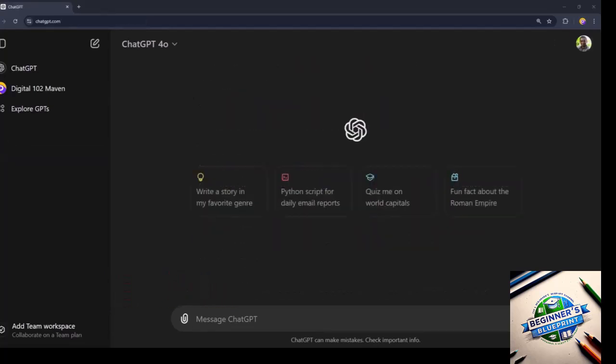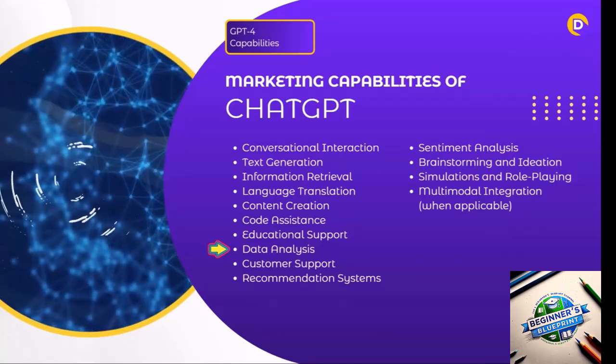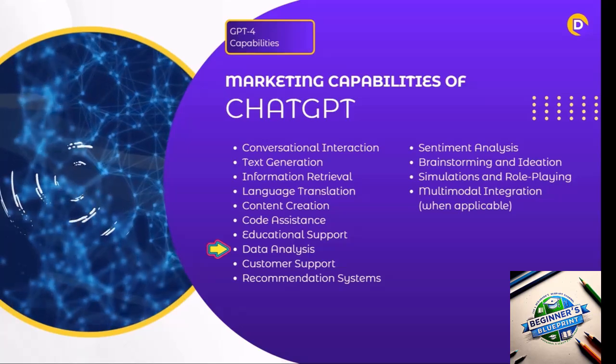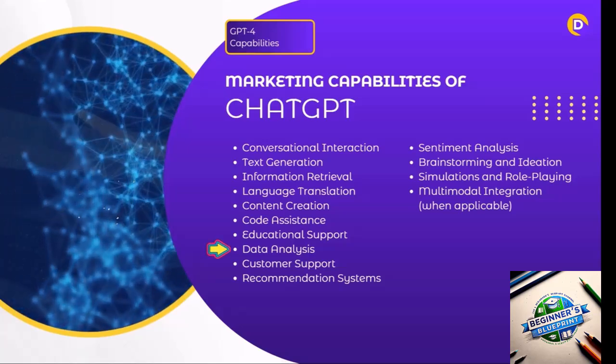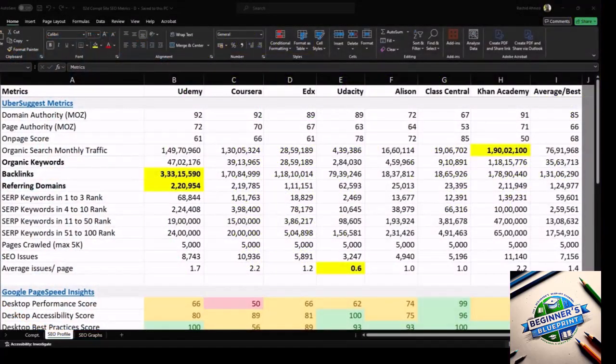Next, let's go through ChatGPT's data analysis capabilities. ChatGPT is capable of analyzing data sets, generating summaries, and providing insights based on data. It can even assist with statistical analysis and, to a degree, visualization. Let's give this a go. Here I have an Excel sheet containing SEO related data compiled from a few different sources of various e-learning platforms.